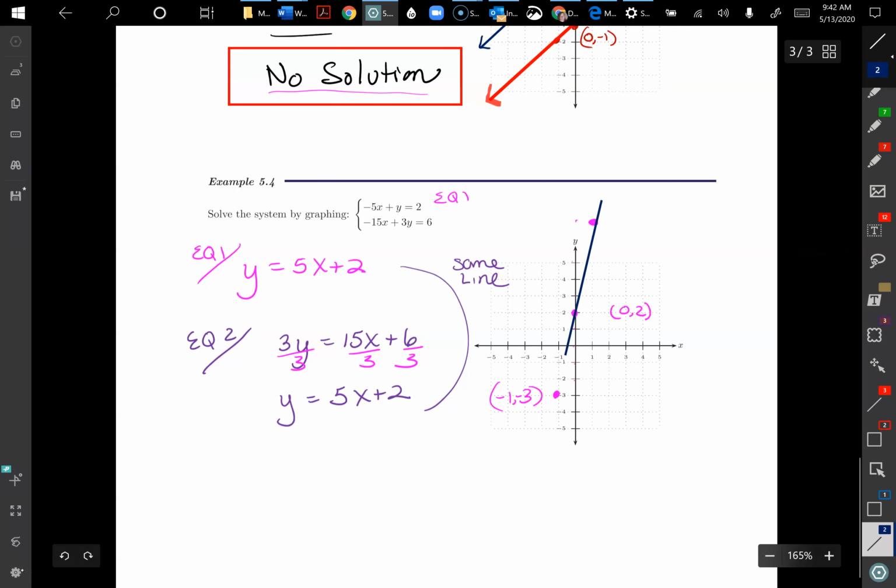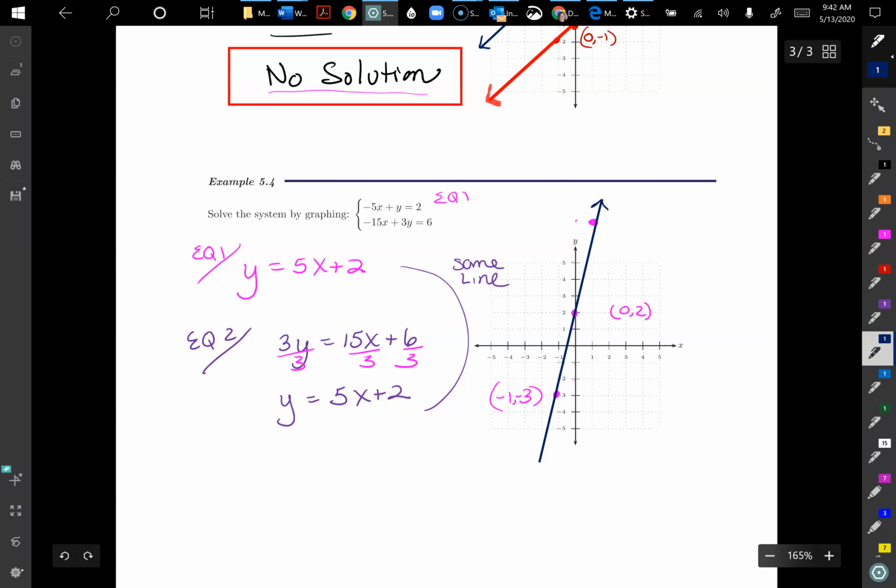Let's see how good I can do. Get my line in there. All right, perfect. And then, well, not quite perfect. And then we're going to add the arrows because it does continue on. And then don't forget to answer the question that you would say infinite number of solutions because all the points match up. It intersects everywhere.